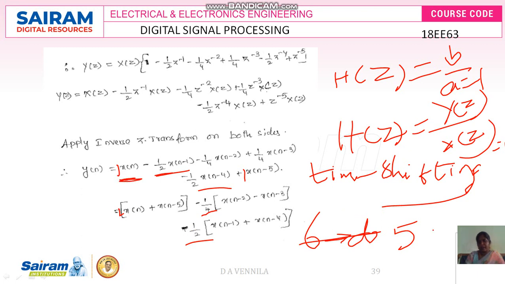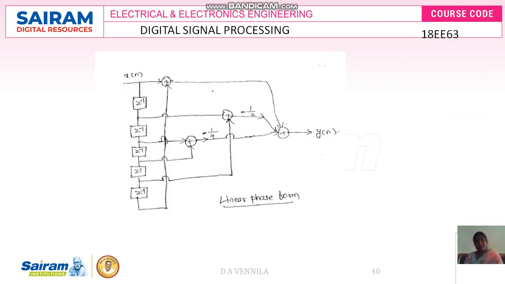So you need 5 delay elements, and 5 adders are there.